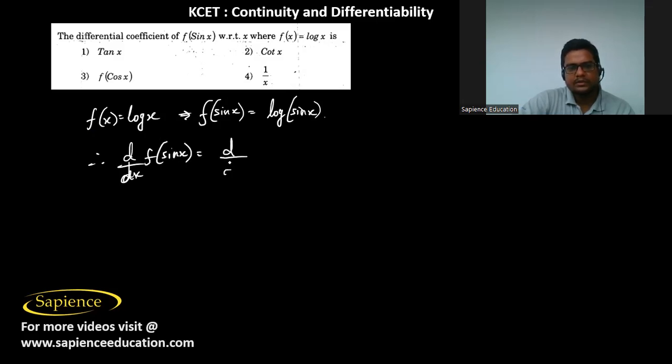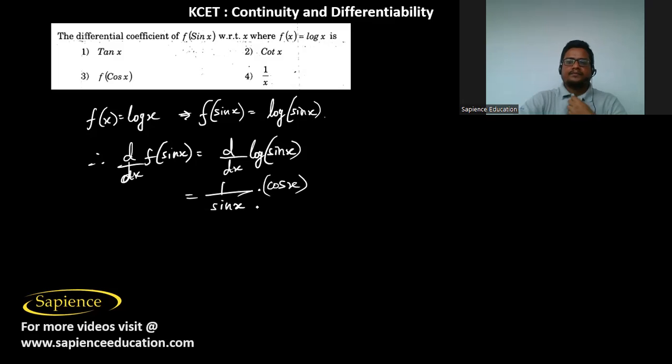So that will be equal to d by dx of log of sine x. So this will be equal to 1 by sine x into d by dx of sine x, which is cos x. So this will be equal to cot x. So option 2 is the correct answer.